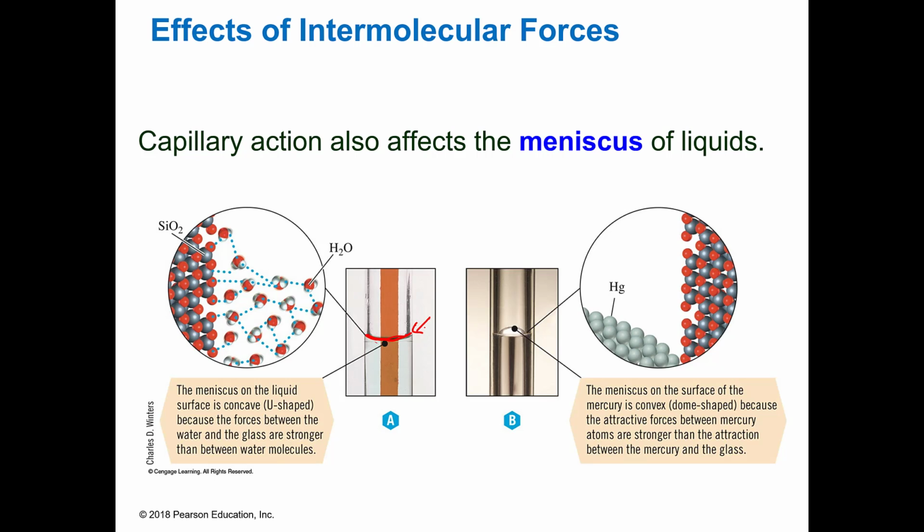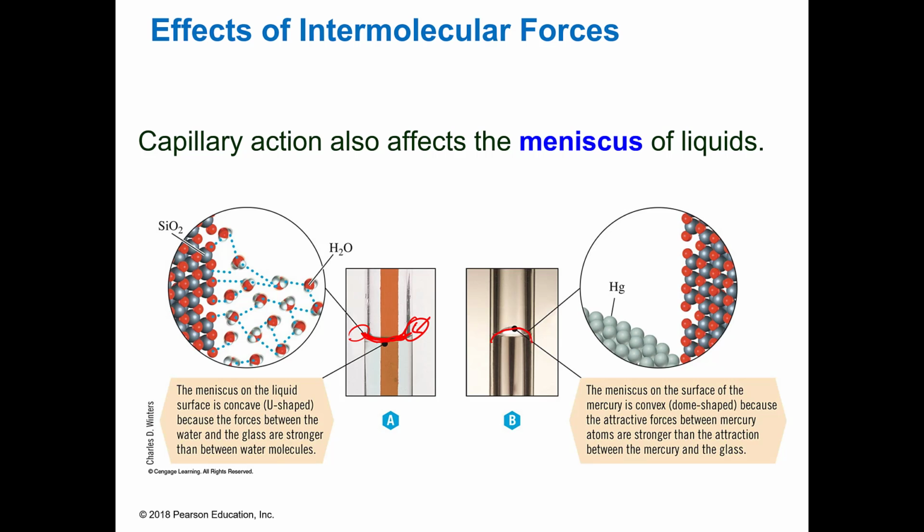What's cool to note is we don't use mercury very much in the labs because we figured out how toxic it is and it can make you go crazy. But you see a concave meniscus in water because of this adhesive.